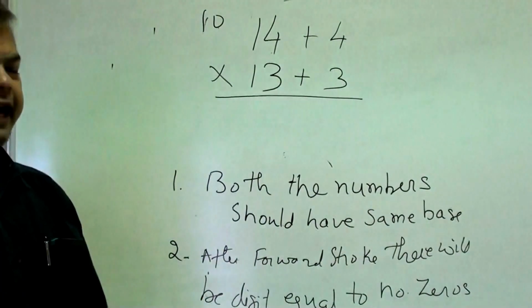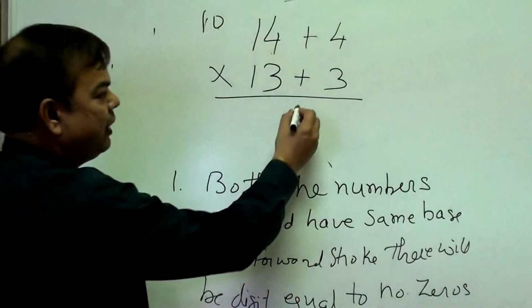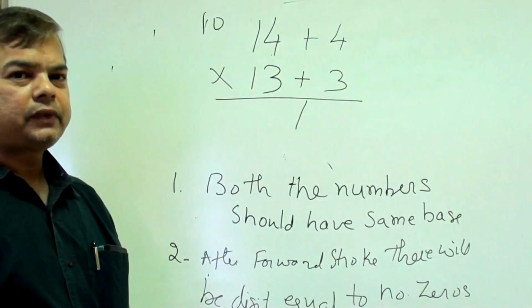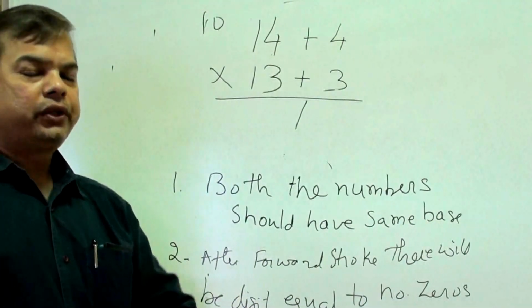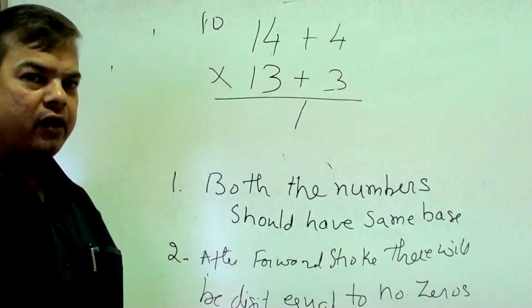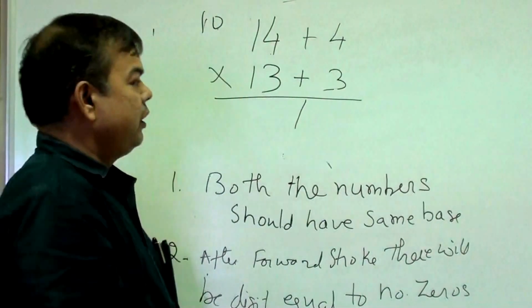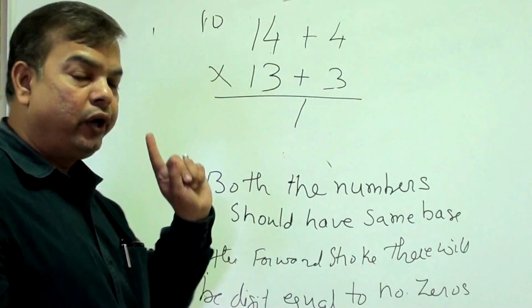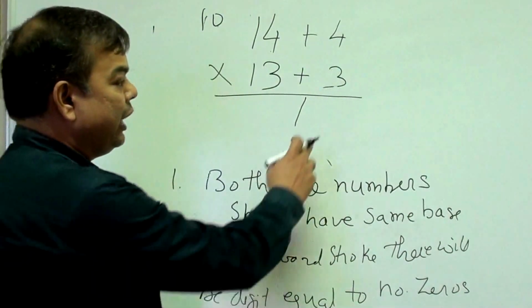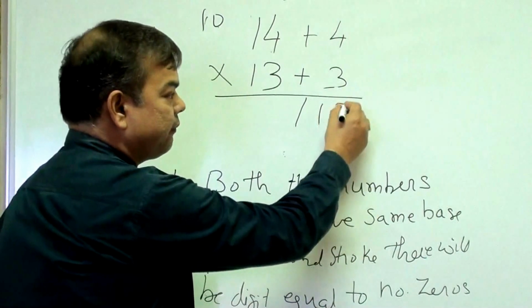Now in this particular case, again we will write forward stroke here. Now we will multiply 3 4s are 12. As I told you earlier, since in this case the base is 10, it has got only one zero, so you cannot write 12 here.